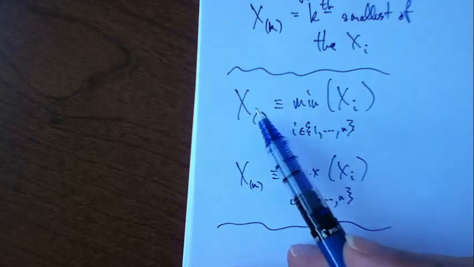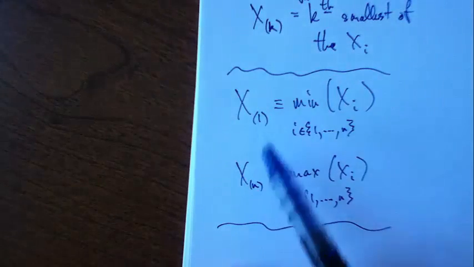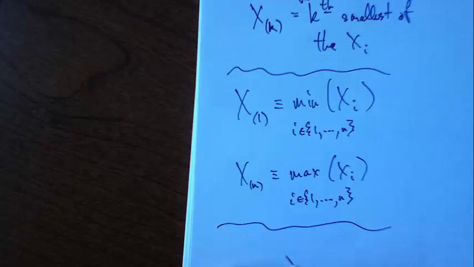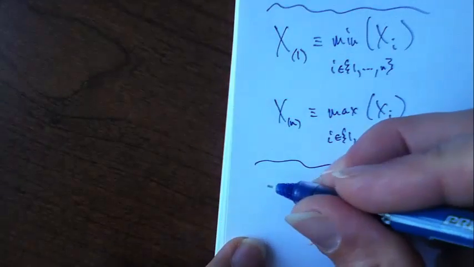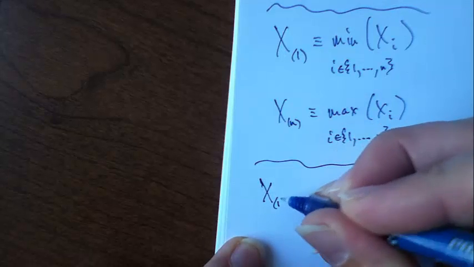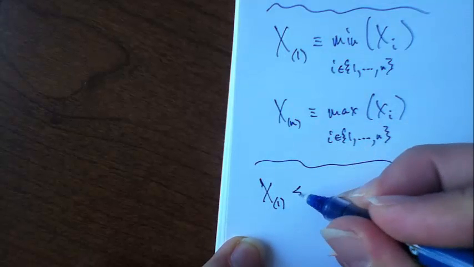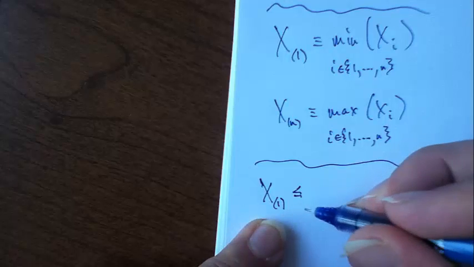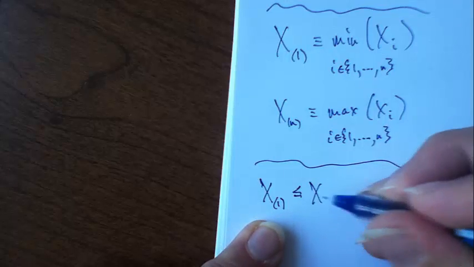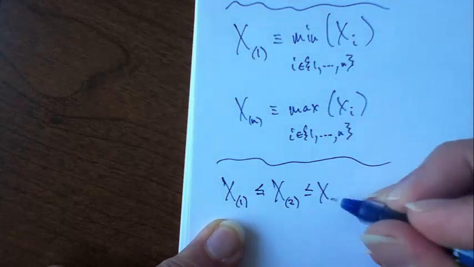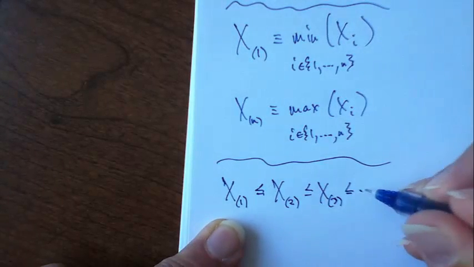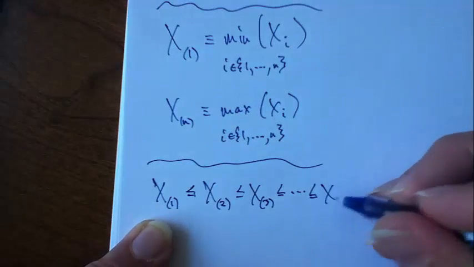Okay, so these are functions of the set of these random variables. And these functionals here, of course, are not independent, because you should note right away that the minimum is always going to be less or equal to the second smallest, which would be less or equal to the third smallest, and on and on.